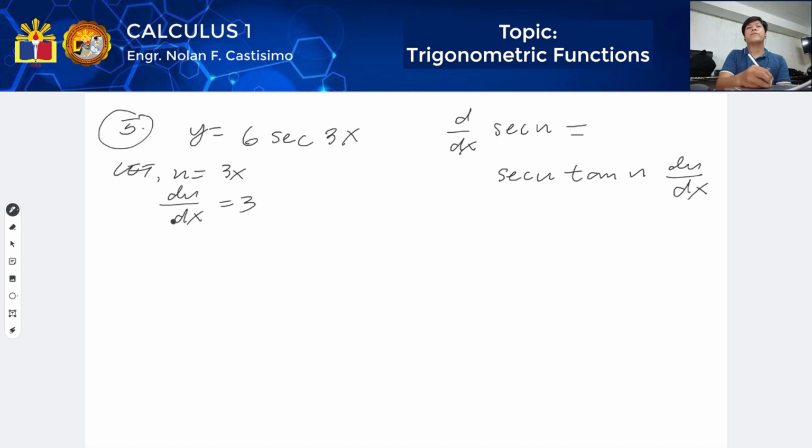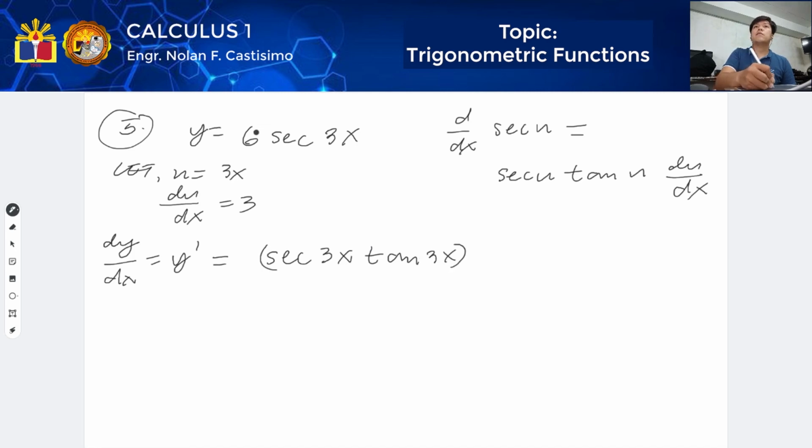Okay? So, now, dy over dx is equivalent to y prime is equivalent to secant u. So, secant u, 3x, tangent u. So, 3x. Lagyan natin ng parenthesis. Then, isama pa rin natin si coefficient natin na si 6. Okay? Nandiyan siya. Lagyan natin ng parenthesis. Tapos, yung derivative natin na du over dx, which is si 3.